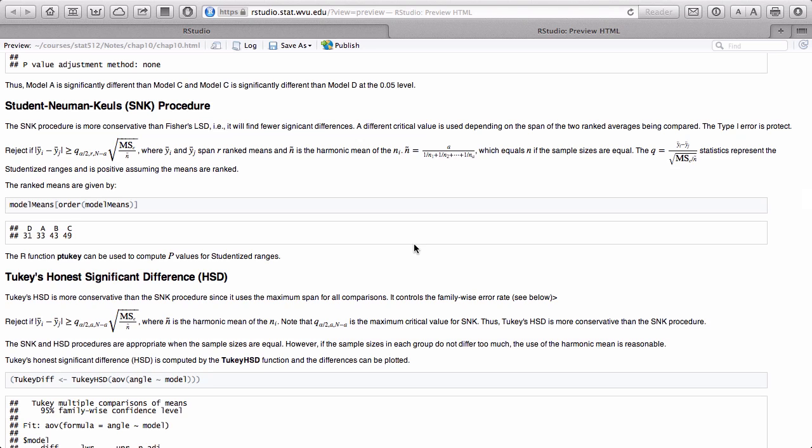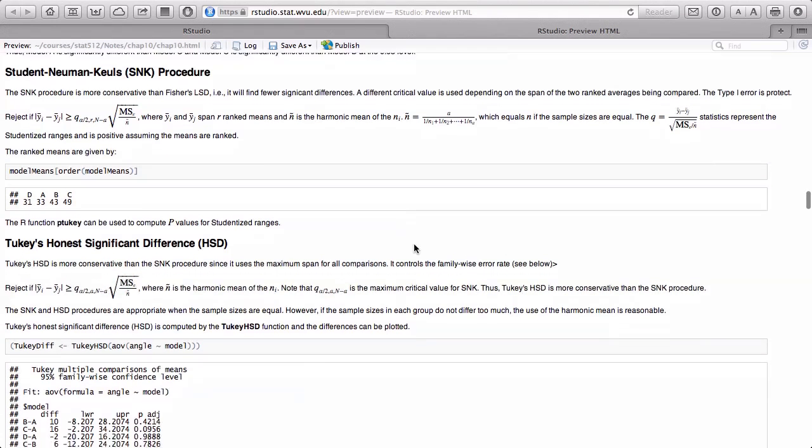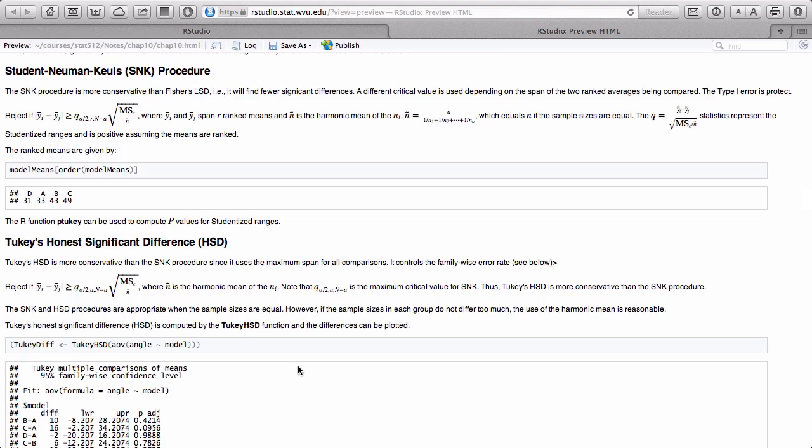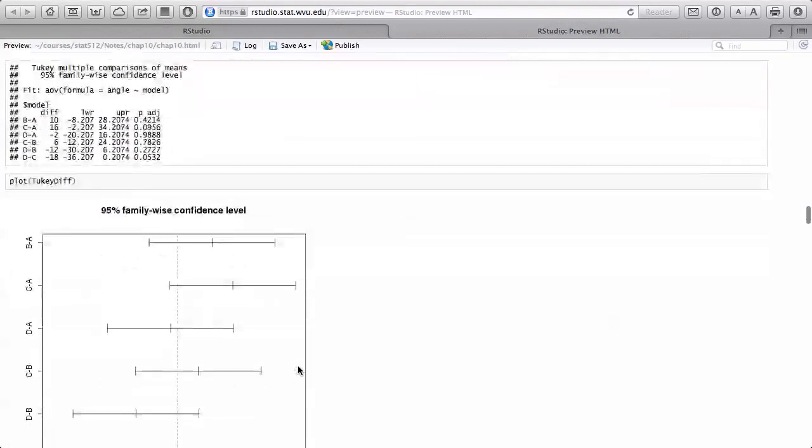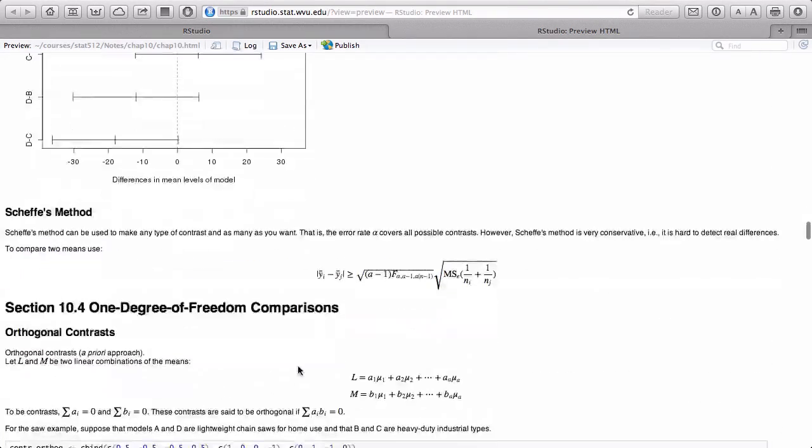But you start getting bias if the n sub i's are too different from one another. So these two procedures are nice, but if the sample sizes are widely different, I wouldn't recommend them. Scheffé's you can use, again, like Fisher's LSD. If the n sub i's are unequal, that's fine. You can compute the pairwise differences this way.